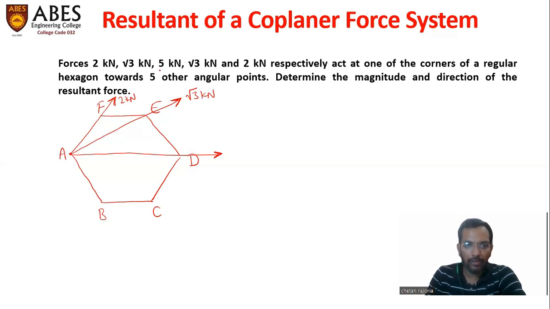So the magnitude of this force is 5 kilonewton. The next force is acting along this diagonal AC. Magnitude is once again √3 kilonewtons. And the last force is 2 kilonewton, and it acts along AB.